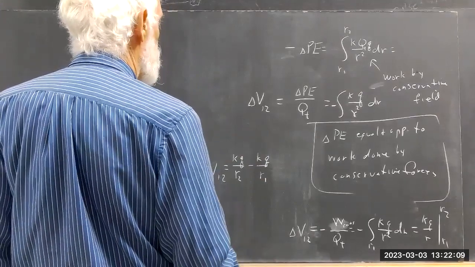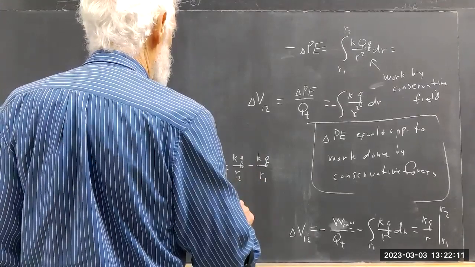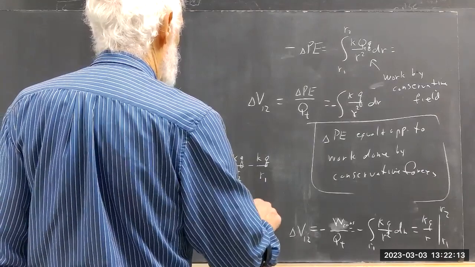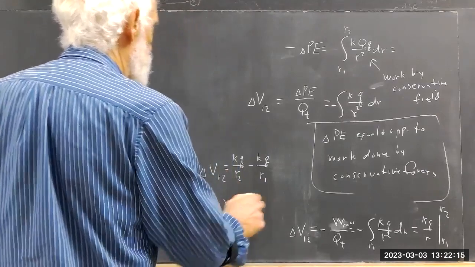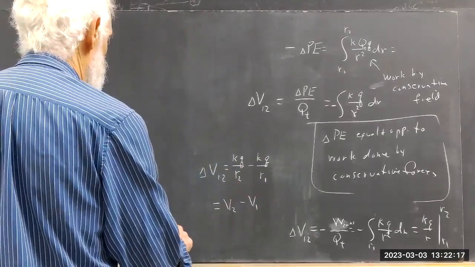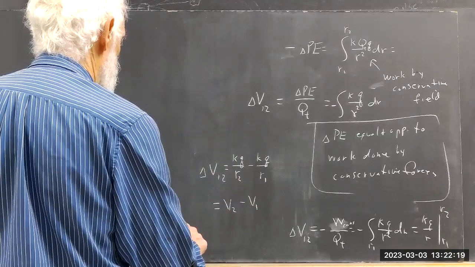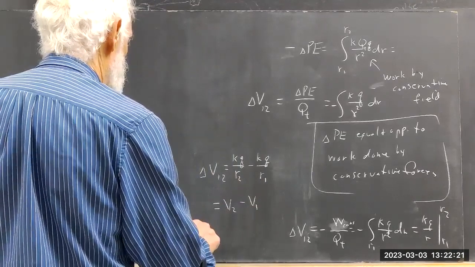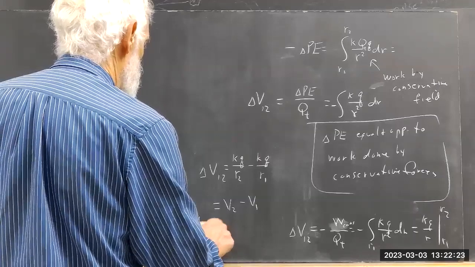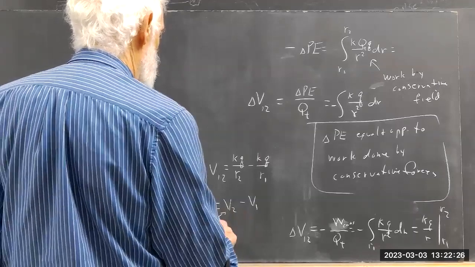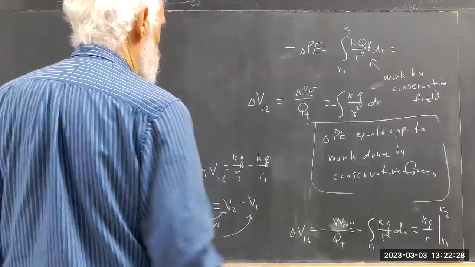And relative to infinity, this is going to be V2 minus V1. There's your PE at point 2 relative to infinity.